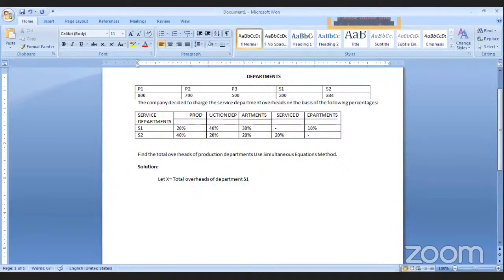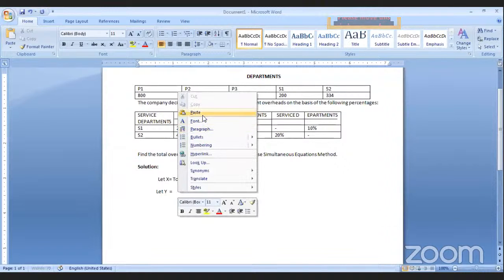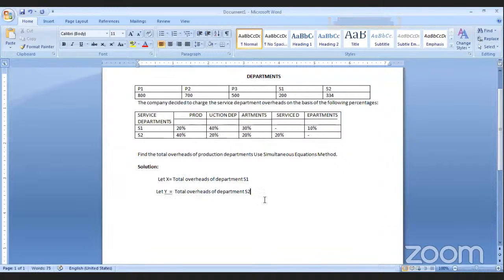Whatever expenses are there, you take it as X. Similarly, for service department 2, let it be Y. You have to assume it as Y, the total overheads of department S2. One you are assuming as X and the other as Y, because they are unknown values. How much to apportion you do not know now.